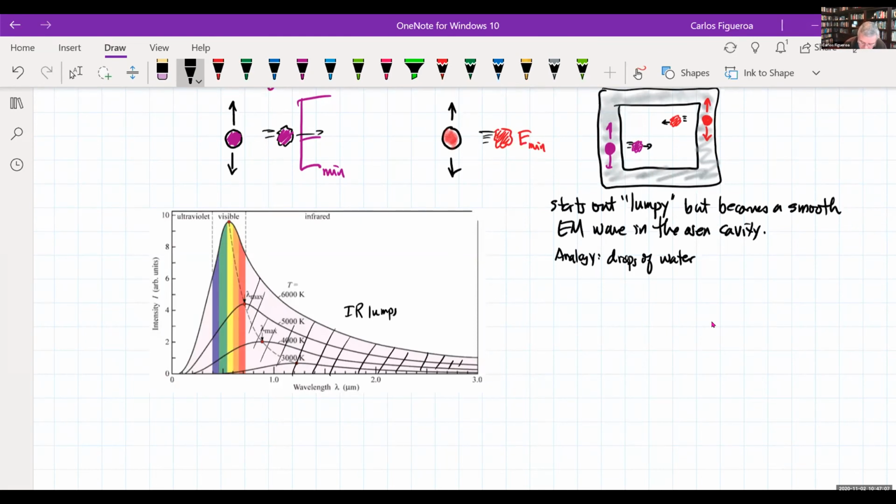And then you can see there's a little bit of red, a little bit more yellow. You're emitting them, but you're emitting mostly the other ones. And over here you're getting other lumps too: UV, X-rays, gamma rays, all these other lumps.